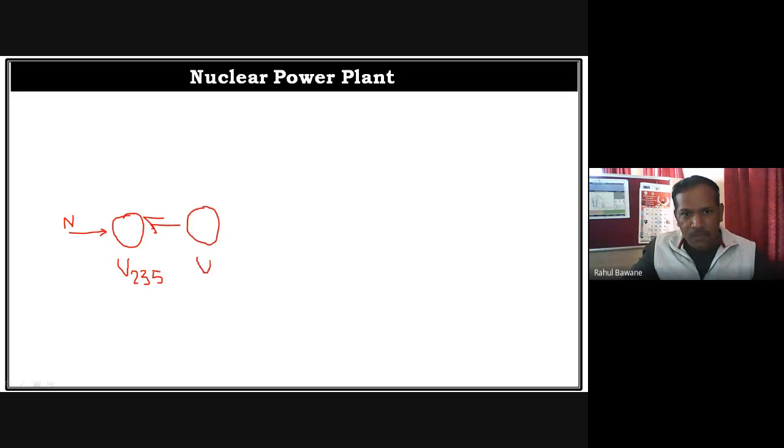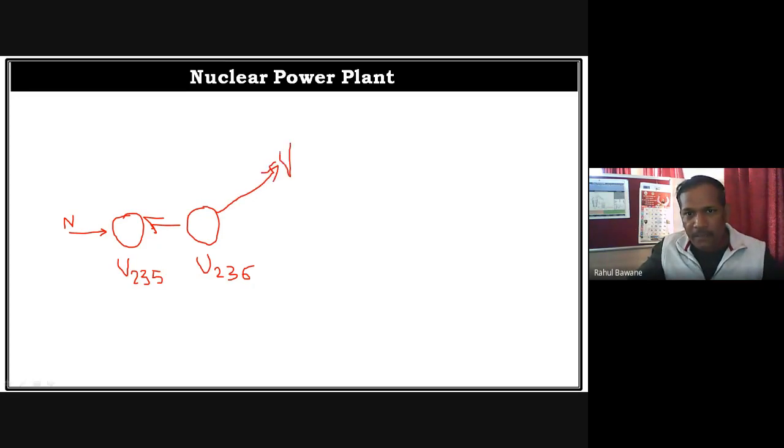So it becomes uranium 236. Before bombarding with the neutron, the uranium 235 is in a stable form. And when we bombard it with the help of neutrons, it becomes unstable. And when it is unstable, it splits, that is, it breaks into two parts.